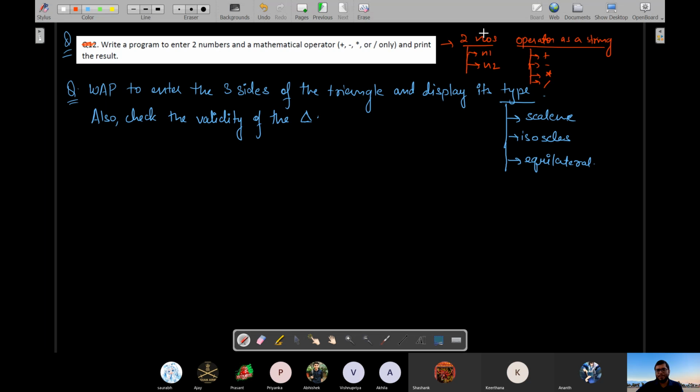Using these two numbers and the operator, for example, if the user enters n1 equal to 3 and n2 equal to 4 and the operator multiplication, then your output should be n1 multiplied by n2, that means the output should come as 12.